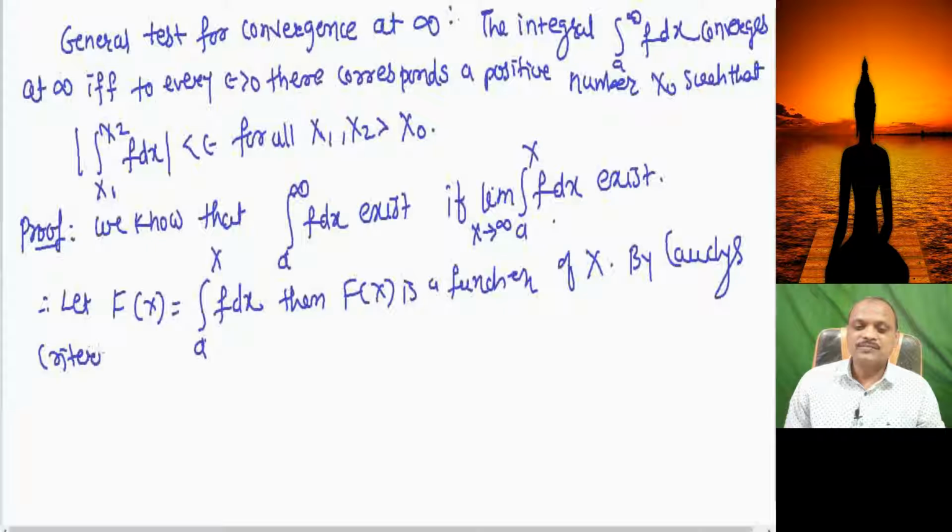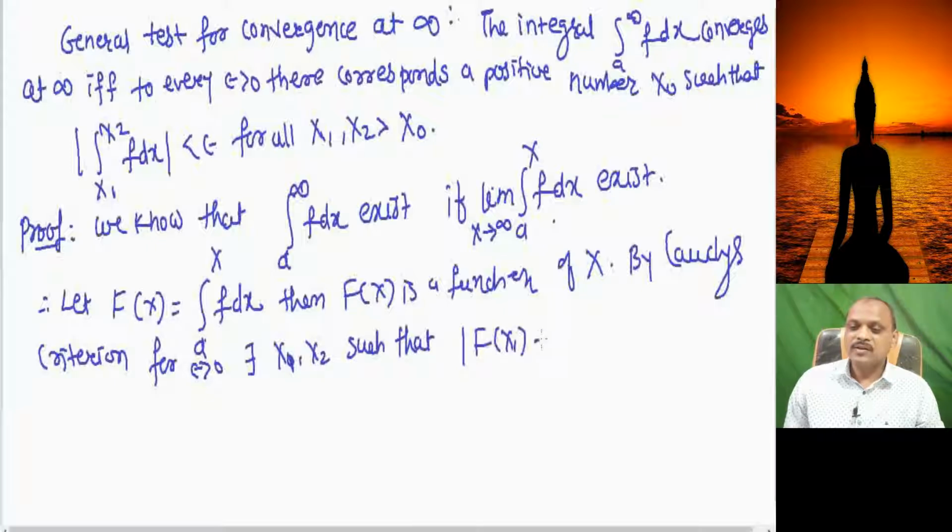we know that for epsilon greater than 0 there exist numbers x1 and x2 such that the mod of F of x1 minus F of x2 is less than epsilon, or there exists x0 such that this holds for all x1, x2 greater than x0.